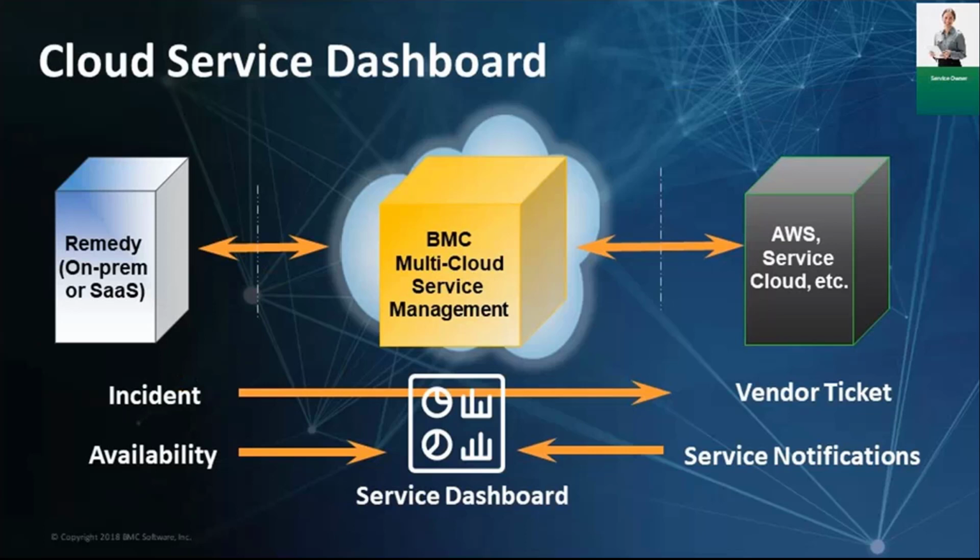What's the context that you can gather as a service owner, right? Availability coming in from Remedy, notifications from the cloud vendors coming into multi-cloud, everything put together with KPIs and SLAs gives you a complete picture, so you can get way more context about the service. So that's the Cloud Service Dashboard that we're introducing with this product.